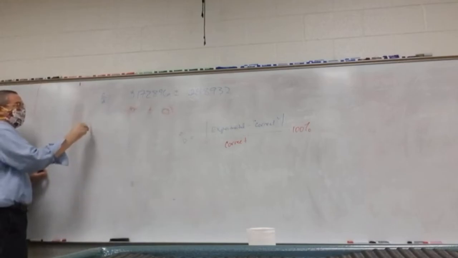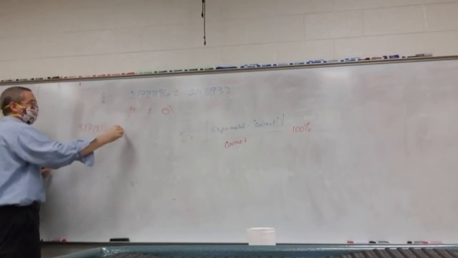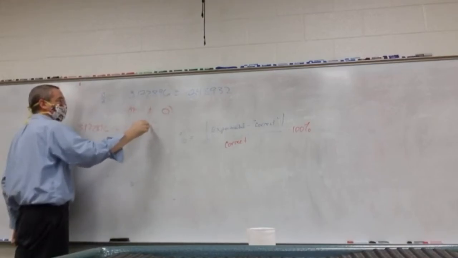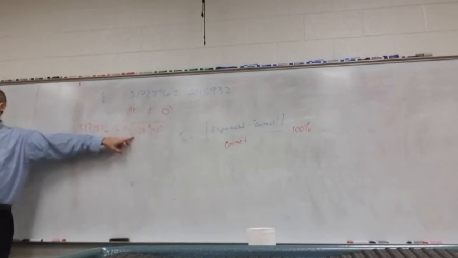So when you subtract, it's 3.172896 minus pi, plus or minus the square root of the uncertainty, 0.24 squared plus 0 squared, which is just the uncertainty of your calculation.